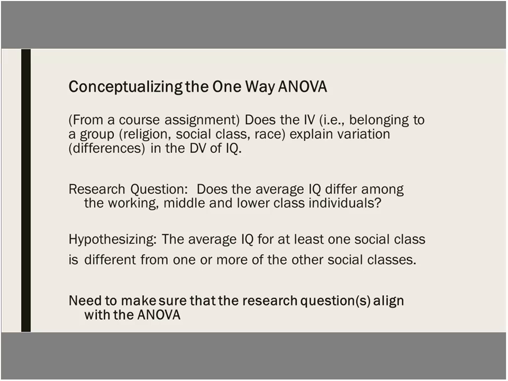So what are we hypothesizing? The average IQ for each social class is going to be different from one or more of the other social classes. And again, you have to make sure the research questions align with the ANOVA. You just can't say, I want to look at the difference between groups and the differences in IQ, but what groups are you focusing on? So make sure the research question is aligned to the problem statement and the research purpose and so on.